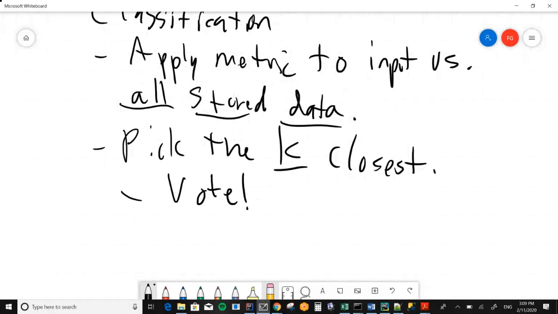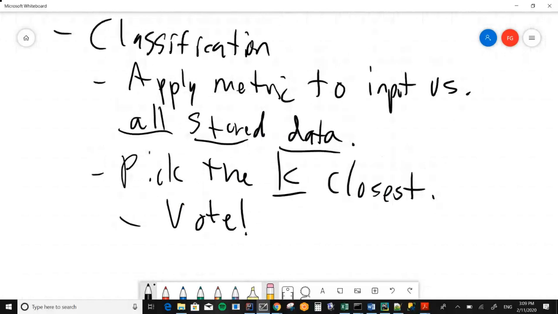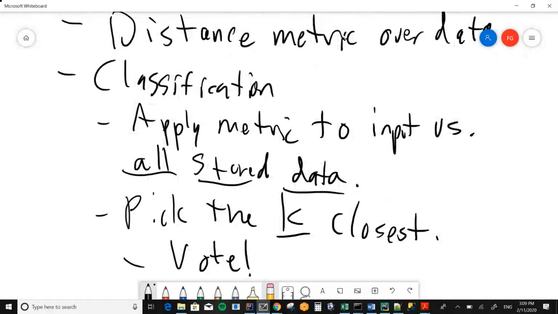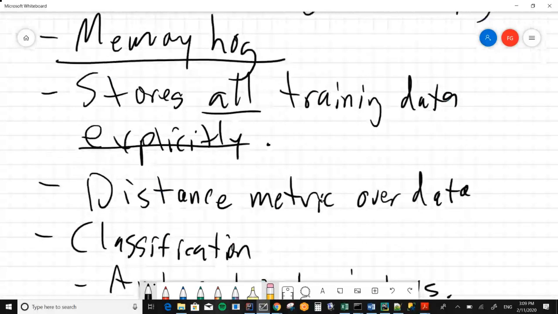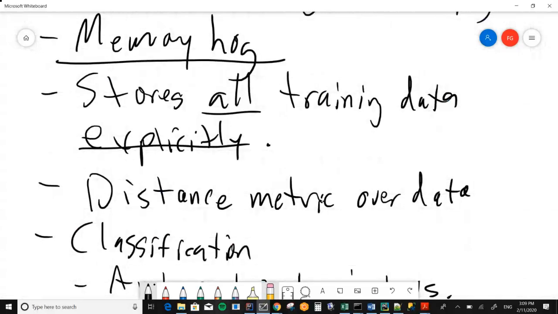So let me review the algorithm. Again, this is really straightforward to implement, especially compared to stuff we're going to look at later, like neural networks, which are not straightforward, shall we say. You just store all labeled training data. That's what makes it a memory hog.